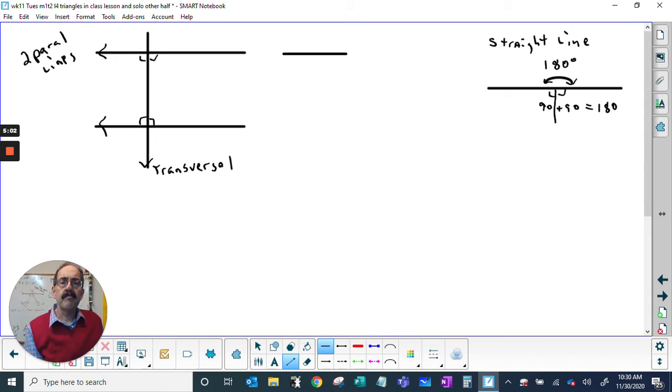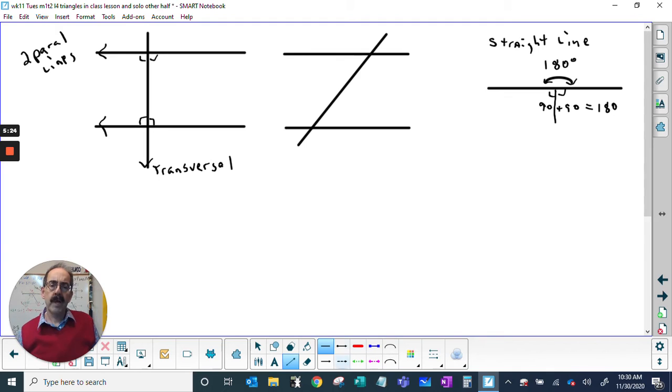Now, what happens if I tip the transversal? What happens? Can you see this gets smaller as this gets bigger?